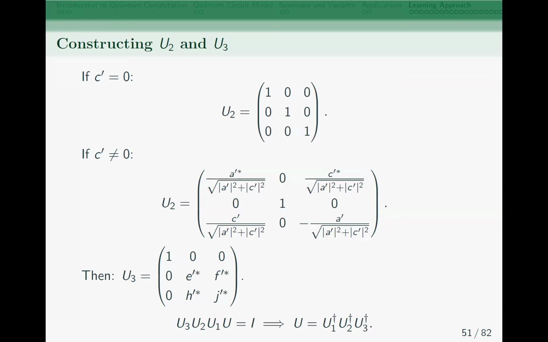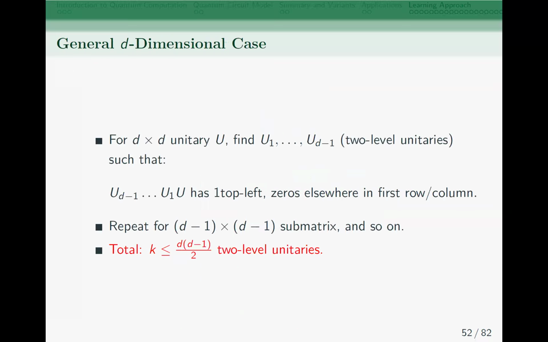Then you can apply this story on the rest of it: this is 0, I multiply by a small unitary, and since these are unitary, this must be 1 and these are 0. Then you just keep the composition. So hopefully you are convinced by this proof.